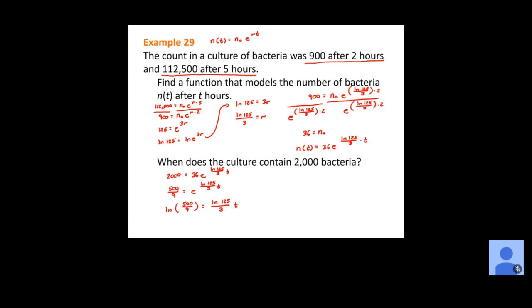And so then our last step, we just need to divide to get t by itself here. So what we're going to end up with is natural log of 500 over 9 all over the natural log of 125 over 3 equals t. And then you could put that in the calculator and get a decimal, right? Because it probably makes more sense to get your time as a decimal here. So what would that give us? Just rounded to 2 decimal places is fine.